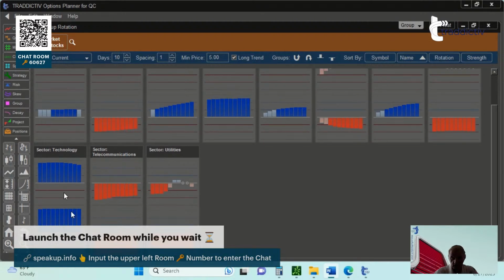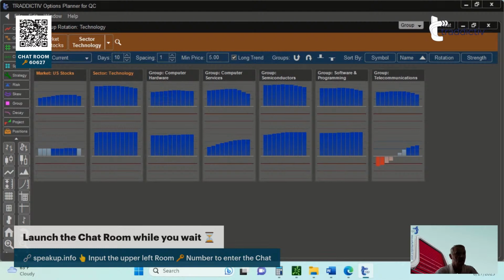It's green on the top, it's green on the bottom. I double click on it, and within technology, we have different subgroups. The one subgroup that I personally prefer over anything else is computer hardware.